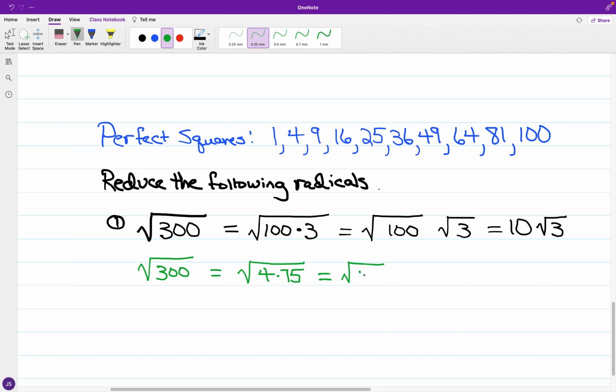Now 4 is a perfect square value. And you see we have the square root of 4 times the square root of 75. Now 75 is not a perfect square, but it is a multiple of a perfect square greater than 1. The highest of the perfect squares divisible into 75 is going to be 25.